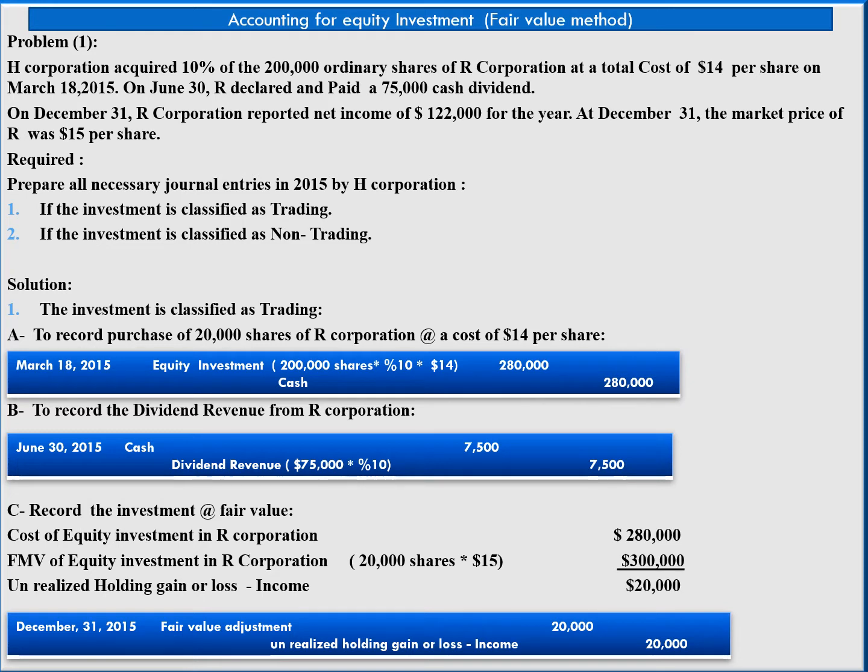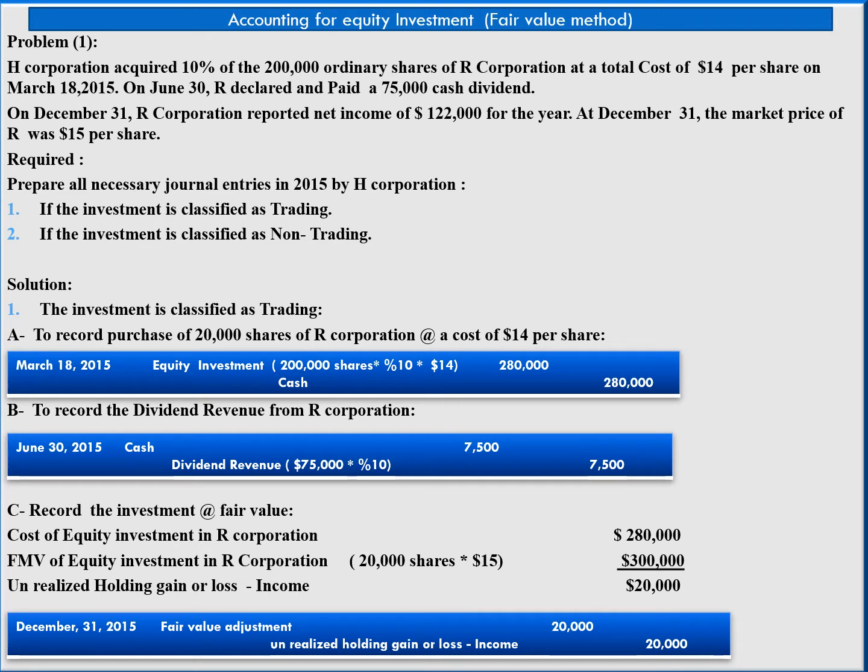Agreed? When the equity investment is less than 20%, we use the fair value method. We have two cases: equity investment held for trading and equity investment non-trading.